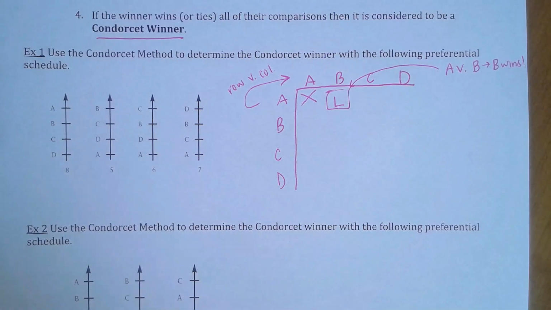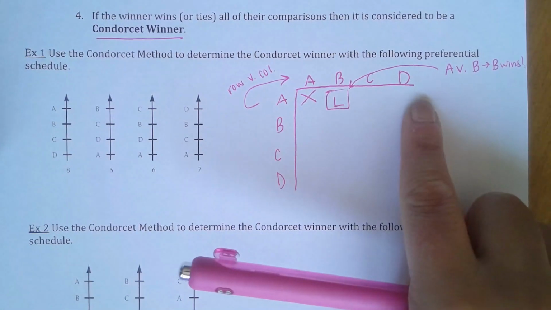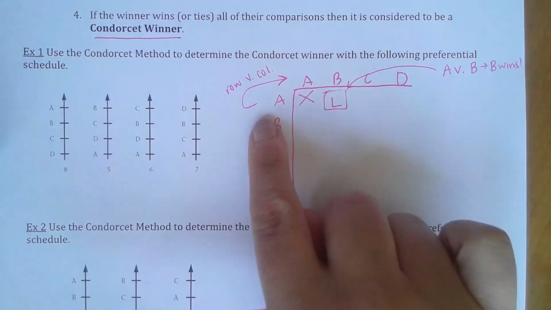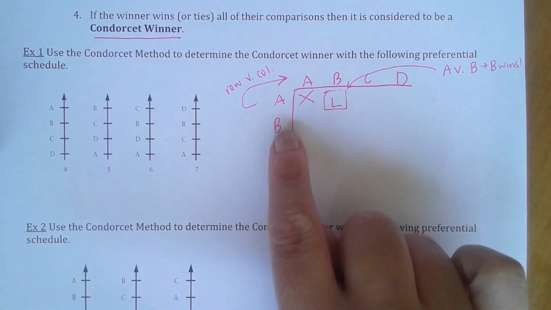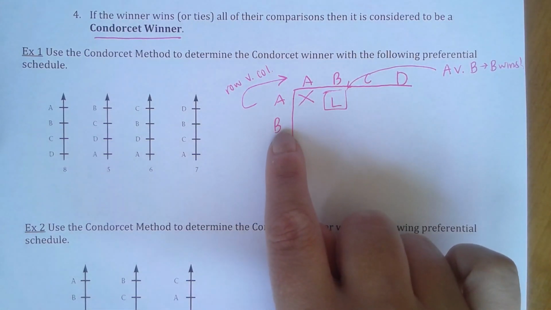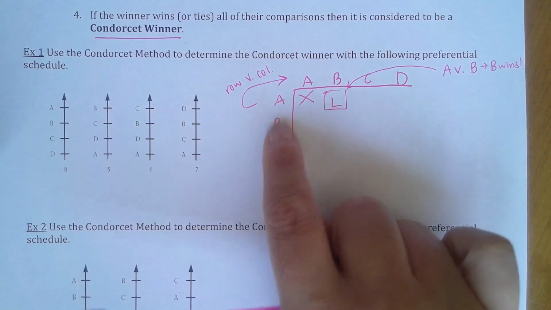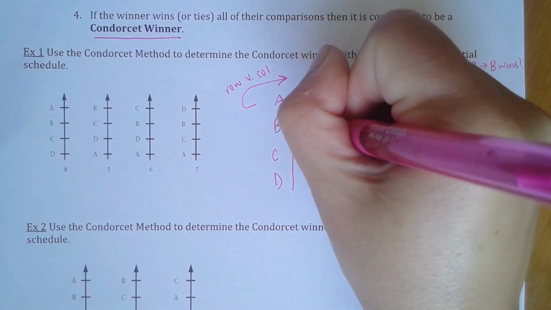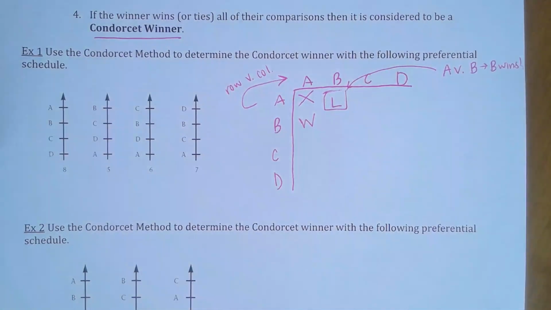Now, to make this a little bit faster, we could look at all the A's, and then all the B's and all the C's and all the D's. But since we've already done A versus B, we'll end up seeing that same comparison in reverse, B versus A, and B actually wins that challenge, so I'm going to put a W there.